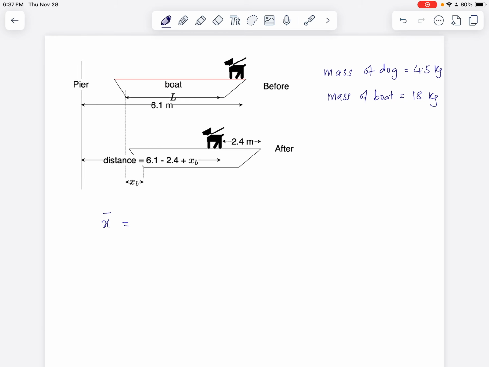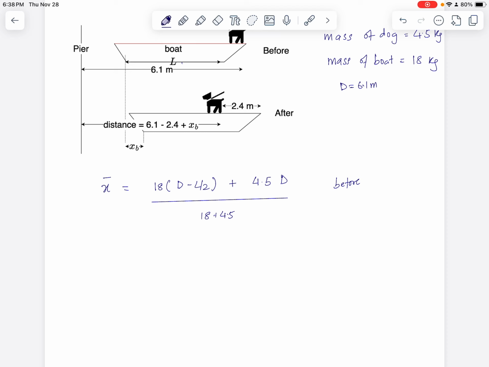It equals 18 kilograms, the mass of the boat, times the distance of the center of the boat, assuming the center of mass of the boat is at its center, which is d minus L divided by 2, where d is 6.1 meters, plus the contribution of the dog, 4.5 kilograms times d, all divided by 18 plus 4.5. So that was before.